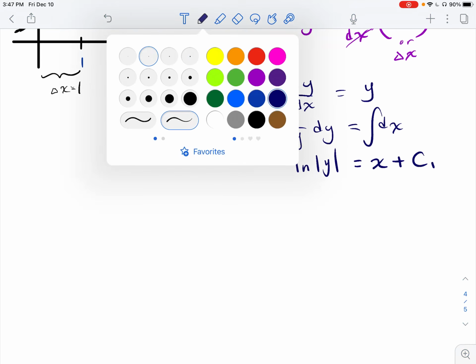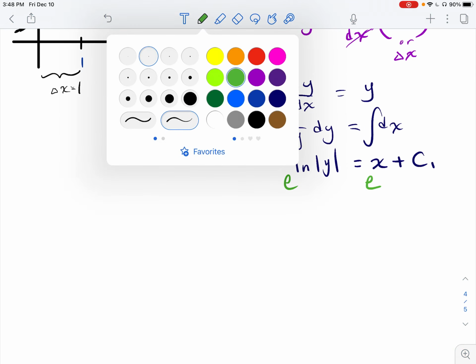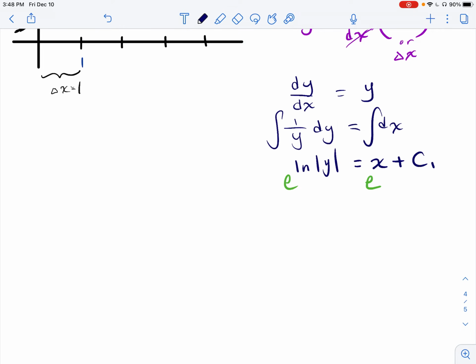We're now going to exponentiate both sides. That is to write each of these sides as the power of our exponent. And e raised to the natural log of some argument is just that argument itself, so the absolute value of y. Now, I'm going to let big C be equal to plus or minus e to the c sub 1.